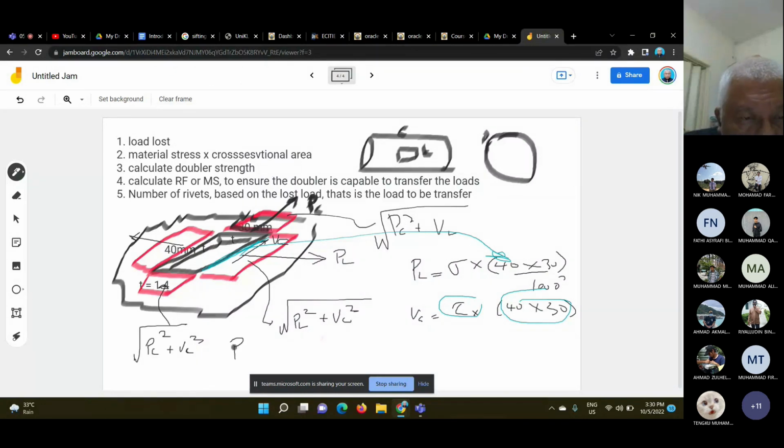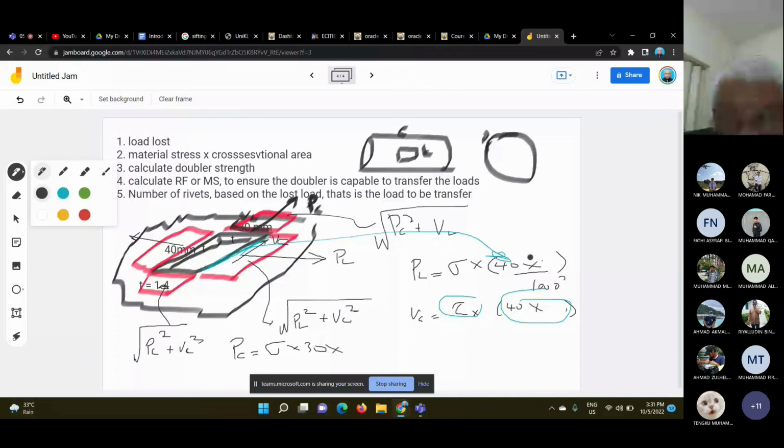P circumferential will be the material axial stress times... sorry, I'm really sorry, you should remind me. Here is not 30. Here is thickness 1.4.